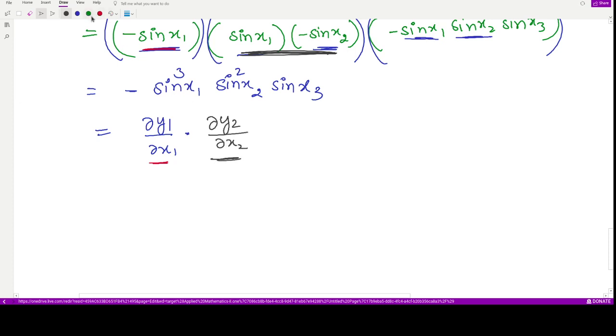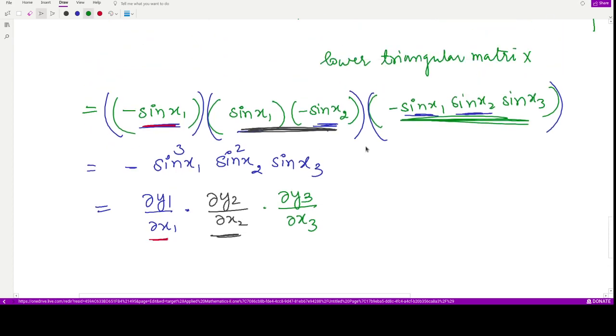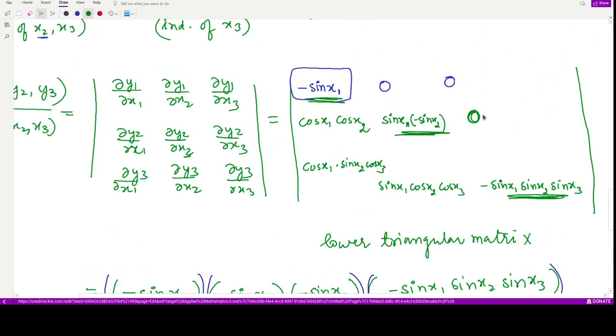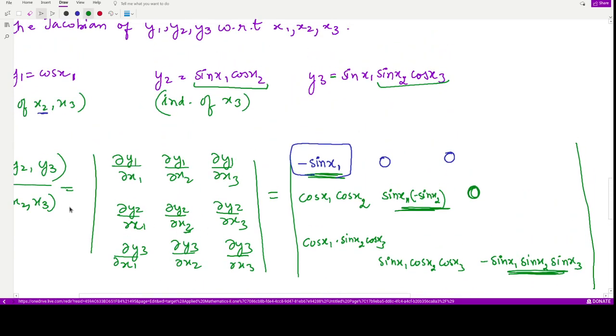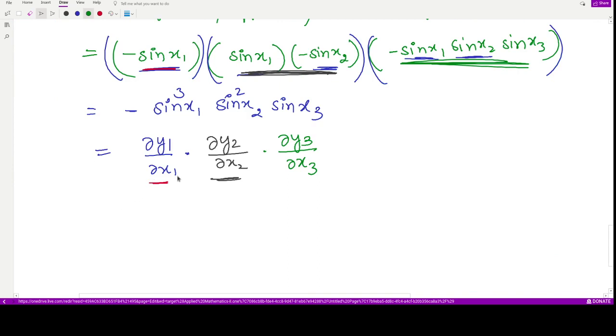And for the third term, this whole term is equivalent to del y3 with respect to del x3. So here also, if you have the formation of this lower triangular matrix or the upper triangular matrix or the diagonal matrix, in that case also you can conclude that the Jacobian is equivalent to the product of these three terms. So I hope this is clear.